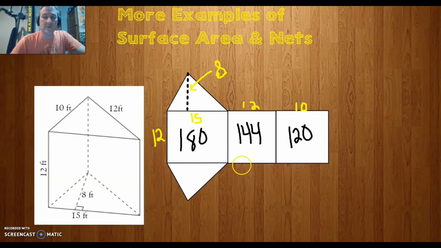Then remember the formula for a triangle is a little bit different than a rectangle. It's base times height divided by 2. 15 times 8, the base times the height. Excuse me. 15 times 8 is 120. Divided by 2 is 60. So I get 60 here.